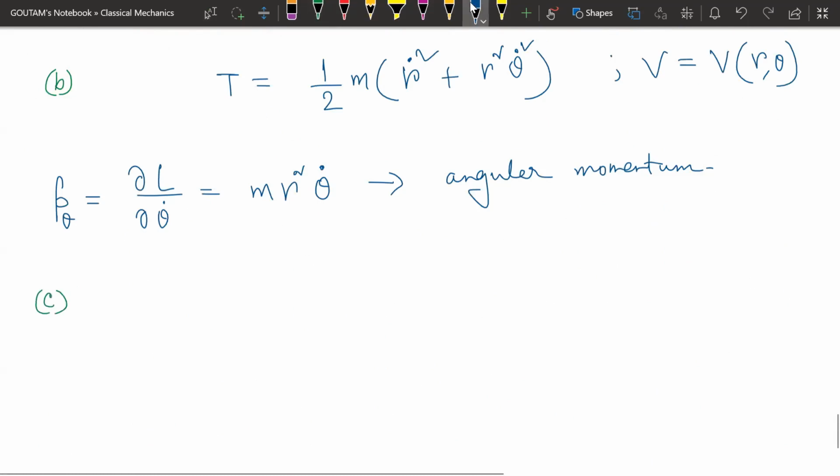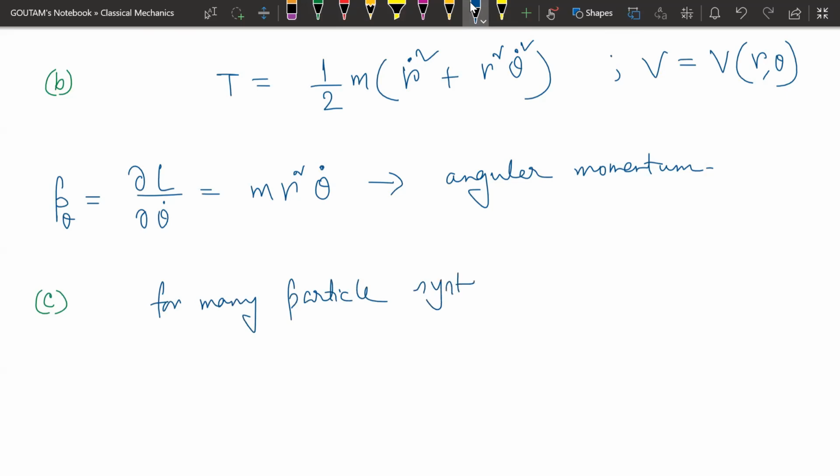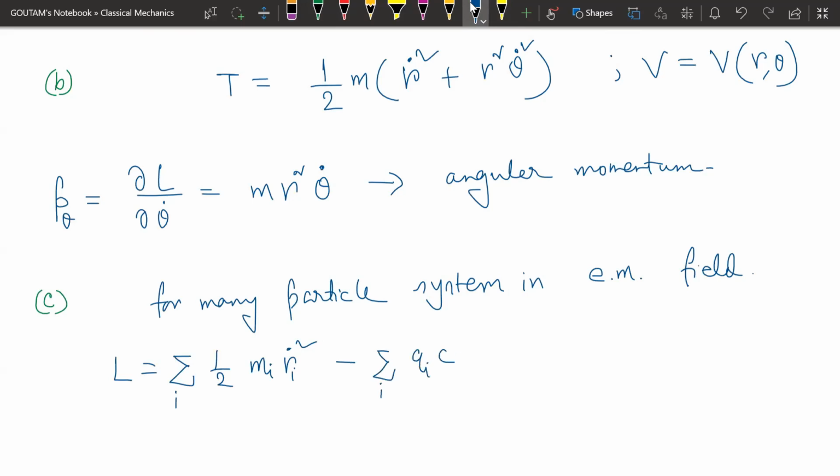So let's take another example. For a many-particle system in an electromagnetic field, we get the Lagrangian as sum over i half m i r i dot square, minus sum over i q i phi of x i, where phi is the scalar potential, plus sum over i q i A of x i dot r i dot.